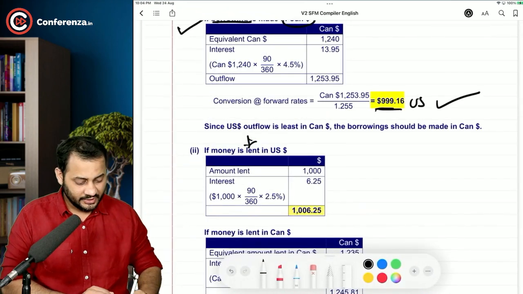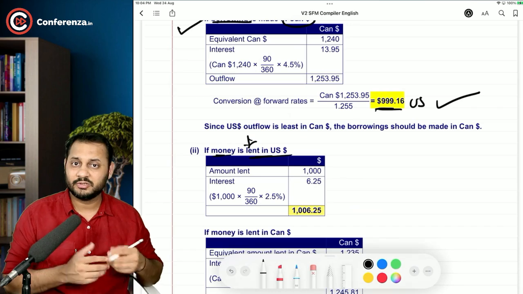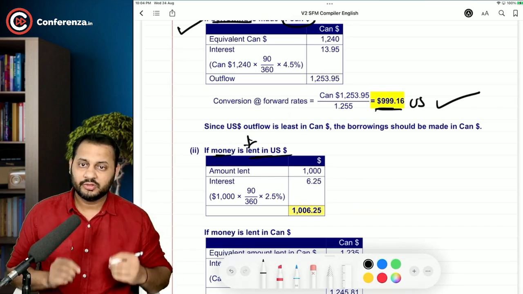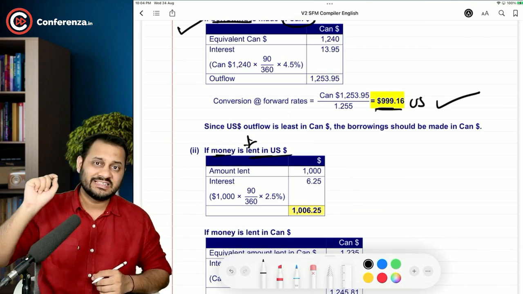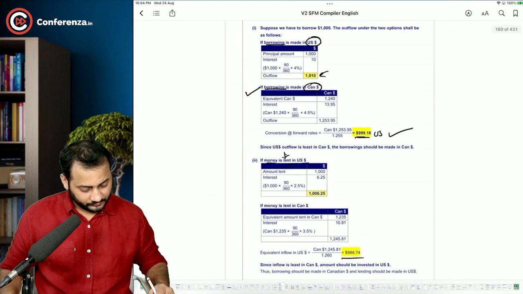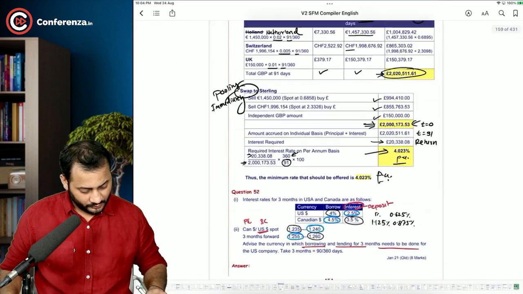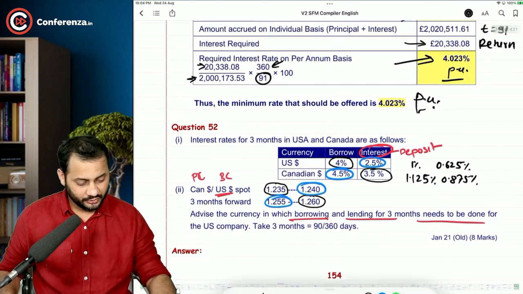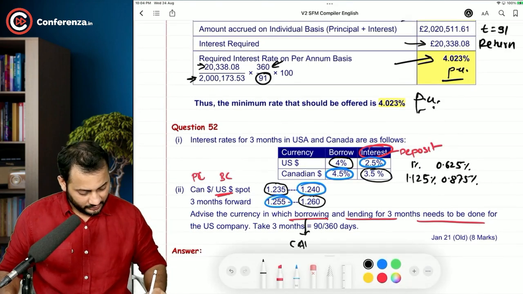Again the same decision: invest in US dollar, that means borrow in Canadian dollar. From both the options, you are coming to the same conclusion that the question is asking. Question is asking in which currency we should borrow: Canadian dollar, and lend US dollar.